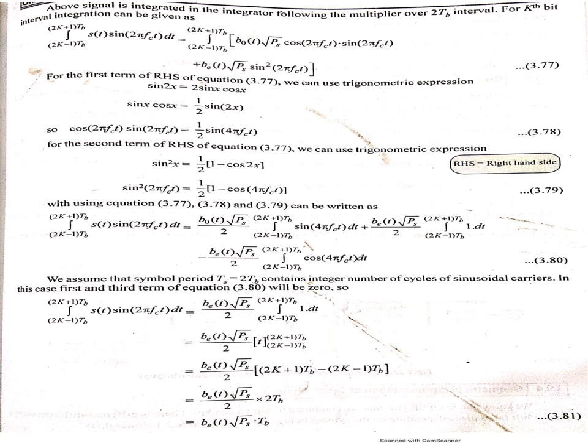Next, apply the trigonometric formula sin 2x equals 2 sin x cos x, and this simplifies the integration form, and by simplification of the expression using the integration formula, finally we get BE of t under root ps TB, that is the even part of the given signal.